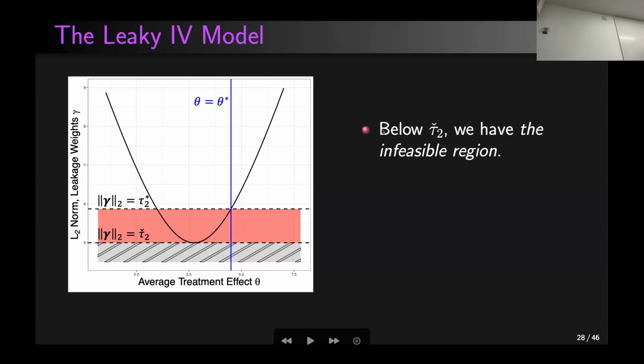Another way to think about this: we're talking about leakage in terms of a norm. You could also say Y, the health outcome we're interested in, has a certain variance. You can decompose its variance explained, like an R squared, in terms of what you think X and Z contribute respectively.